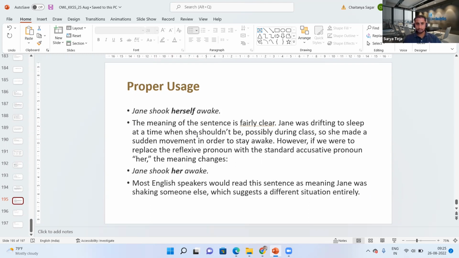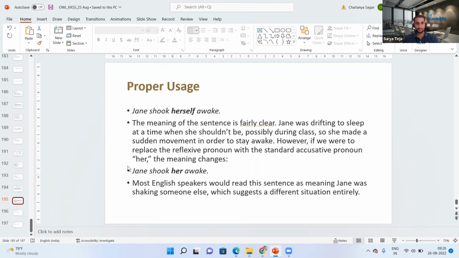Suppose you don't use herself and you say Jane shook her awake. This does not give the same meaning as the first sentence. It gives a very different meaning. Is there some other person involved? It is not giving the exact sense that Jane took the responsibility of waking, that she did it herself.